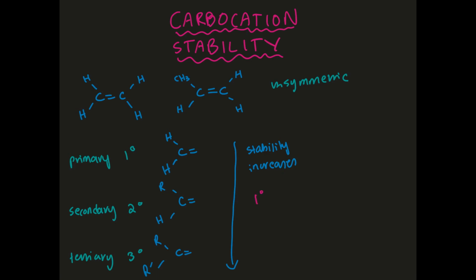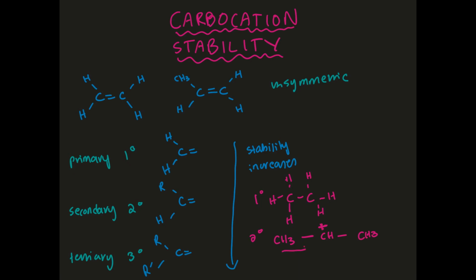So in this case, for a primary alkene, this is a primary alkene that I've drawn over here. This is going to be the least stable in this case. For a secondary alkene, this is what a carbocation is going to look like if you have a secondary alkene.